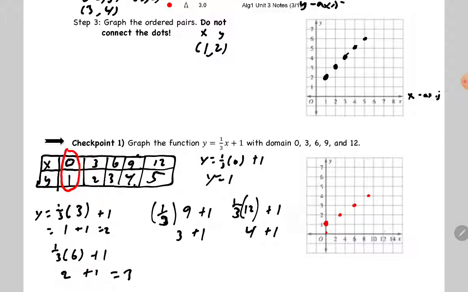And 12 gives me 5. So each of those dots represents the coordinates: 0, 1, 3, 2, 6, 3, 9, 4, and 12, 5.